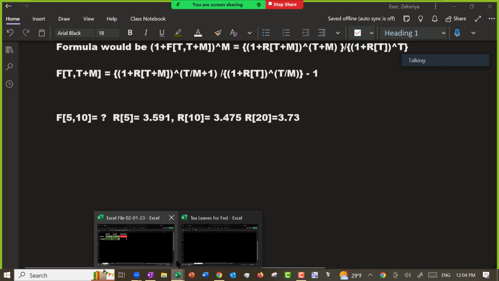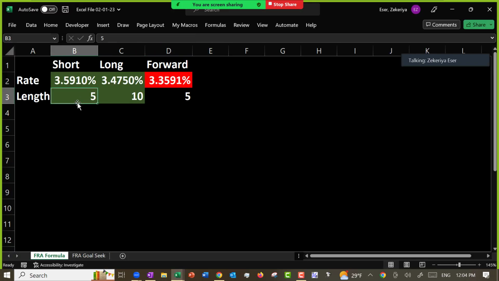So if all I wanted was the 10-year rate, 10-year forward, 3.98. Okay, and these are kind of important in the market if you're managing interest rate exposure.